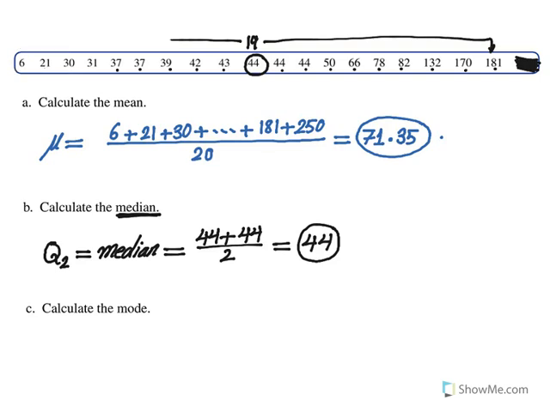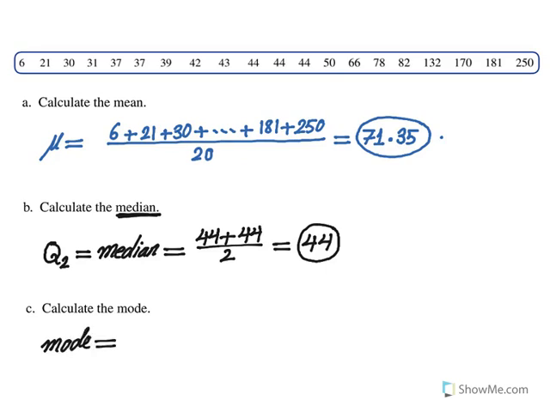Okay, so let me erase this now and go to the last part of this page, which is calculate the mode. Now, let's see, what was the mode? The mode is the value that you see that is repeating the highest number of times. So, for example, we see that 37 is repeating 2 times. We see also that 44 is repeating 3 times.